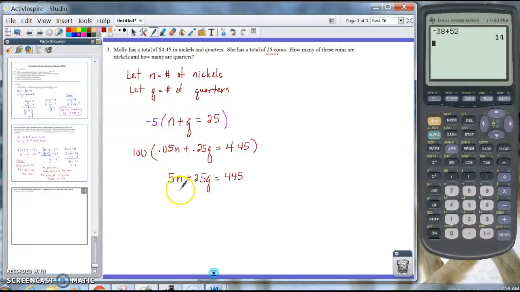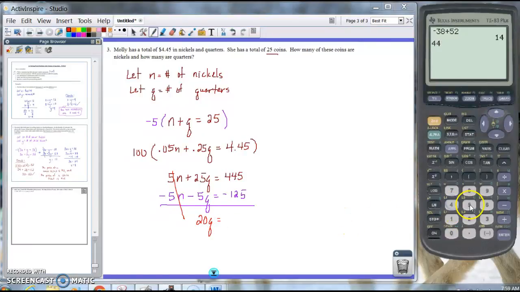That way my n's will eliminate. Okay, so I have -5n minus 5q is equal to -125.